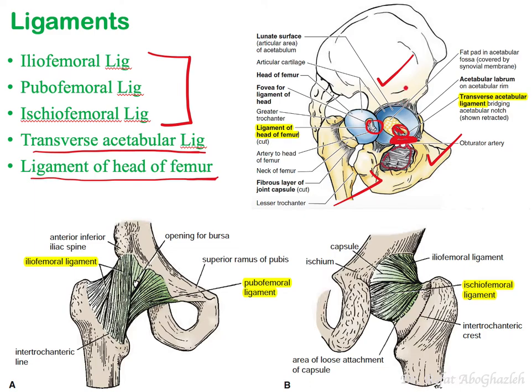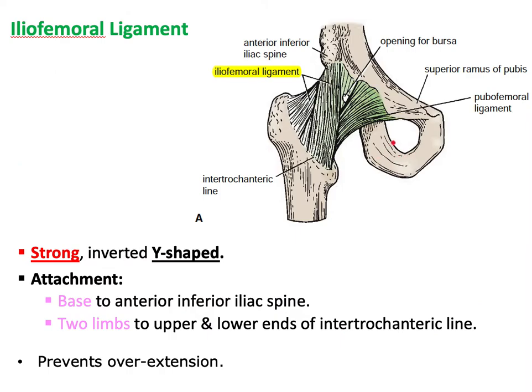That means you have iliofemoral, because it attaches to the femur, which is Y shaped anyway, we'll talk about that. Iliofemoral, pubofemoral, and ischiofemoral. Very simple. Let us start with the strongest and most important ligament, the iliofemoral ligament.